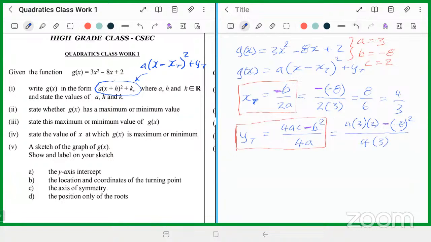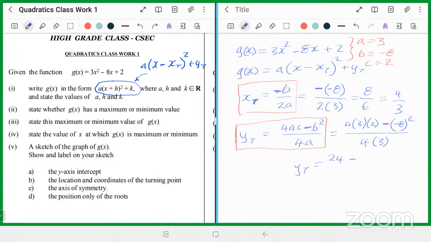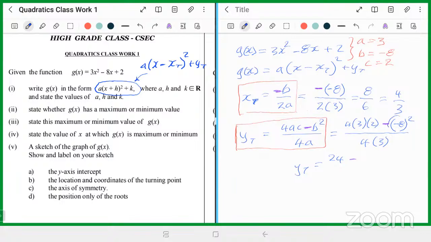And so this expression now reduces to, let's put it here, yt becomes equal to 4 times 3 is 12, 12 times 2 is 24. This becomes 24. This minus stays minus. I'm going to put it back in purple. And that same purple minus stays minus. And then this negative 8 squared coming here becomes 64, because negative 8 squared means negative 8 times negative 8.